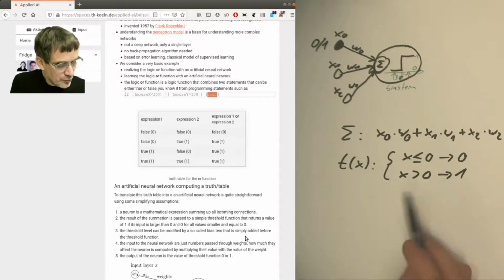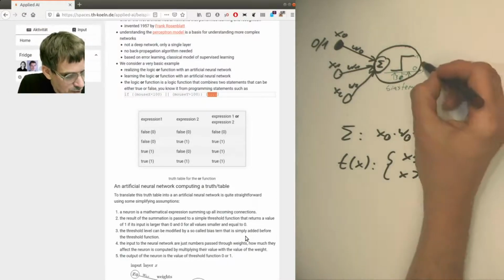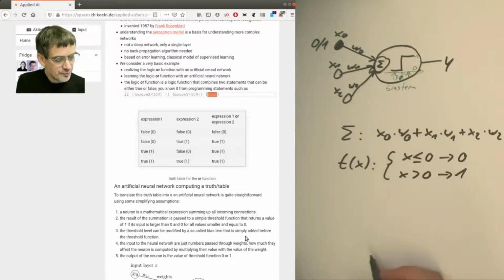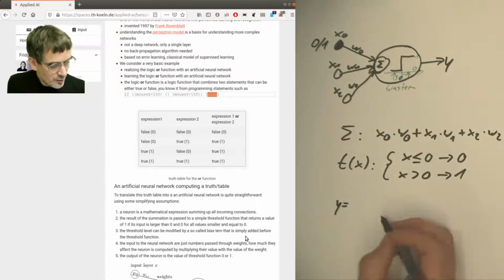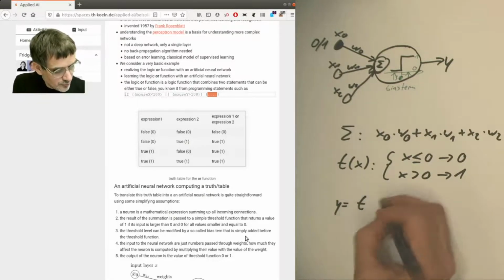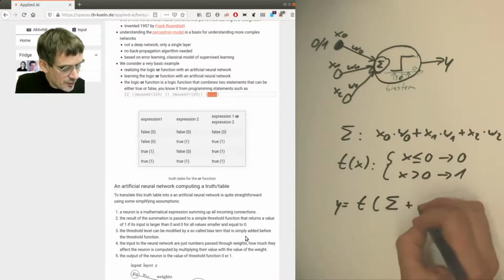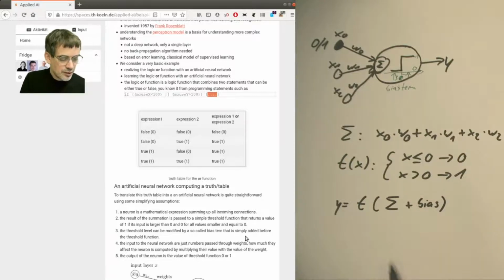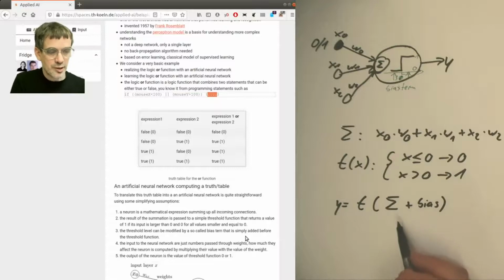And now if you think of the whole expression, if we look at what we have as output of this neuron, then y would be the threshold function of this sum plus the bias term. Okay, that is the complete mathematical expression.